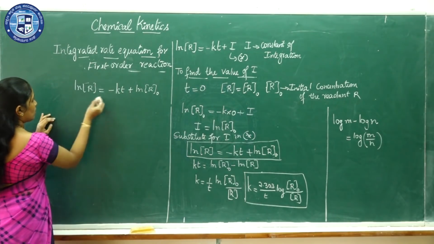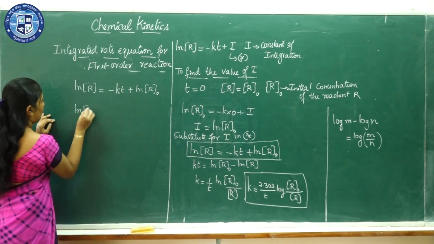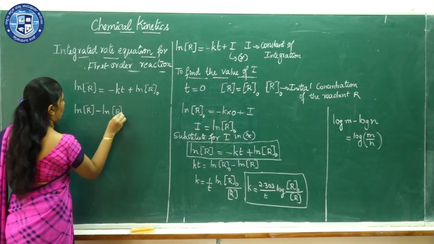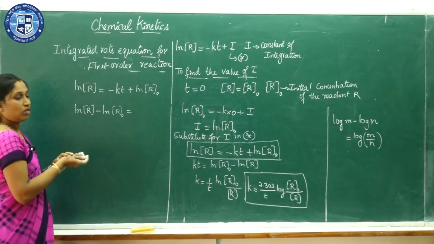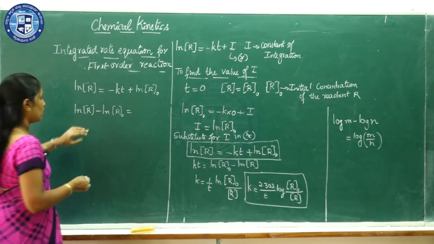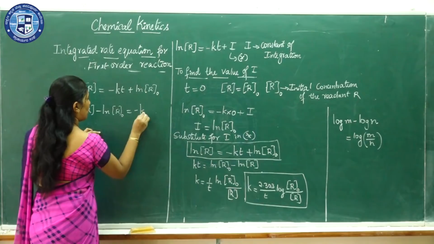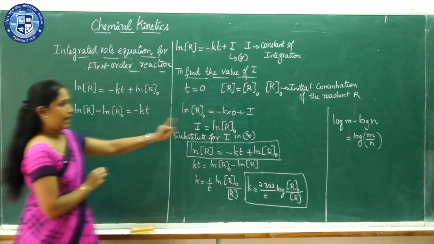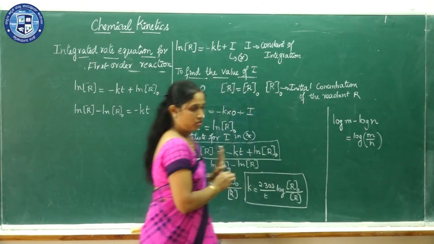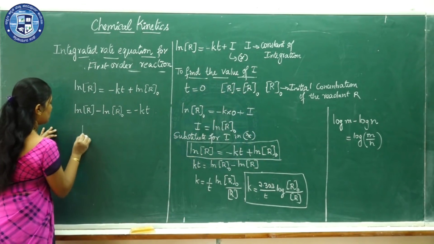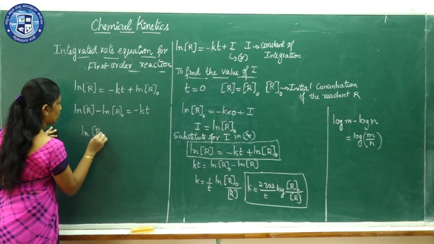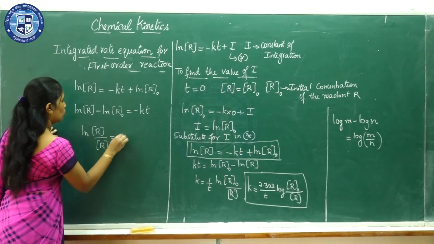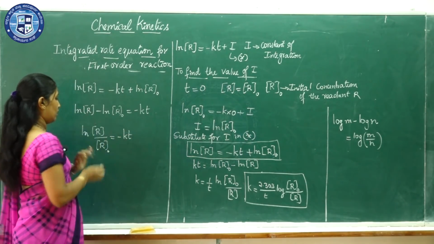Now I will keep kT there itself: ln R minus ln R naught is equal to, this I brought this side so it became minus, minus kT. Now here I will apply this formula of log. So it becomes ln R by R naught is equal to minus kT.